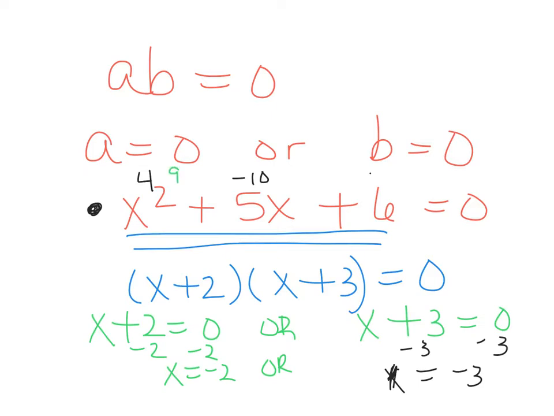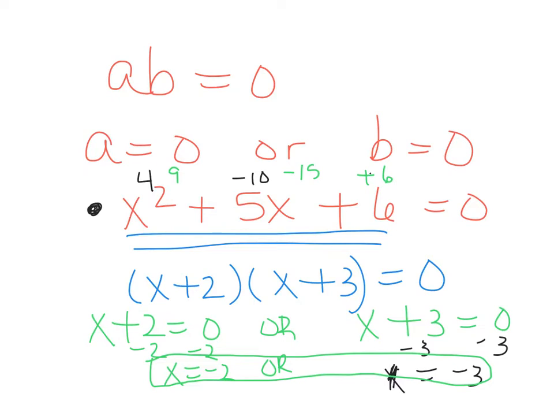That's 9. 5 times negative 3 is negative 15, plus 6. 9 plus negative 15 is negative 6. Negative 6 plus 6 is 0. What this means is there are two solutions to this problem. Either X is negative 2 or X is negative 3. If X is either one of those numbers, that problem equals 0. So those are the solutions to the problem.